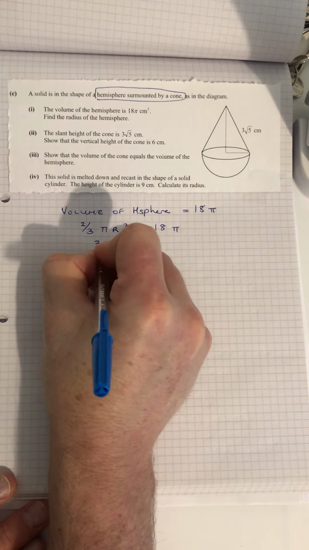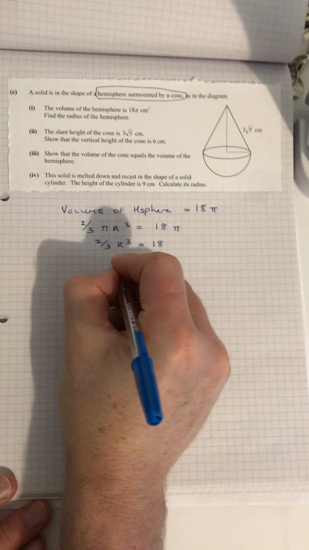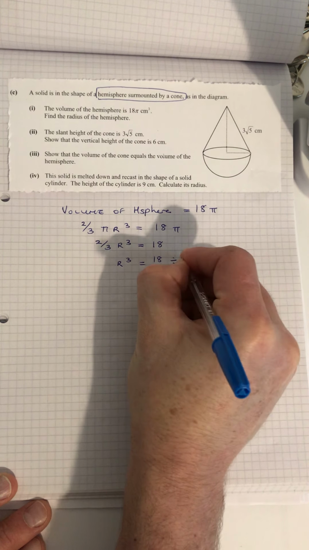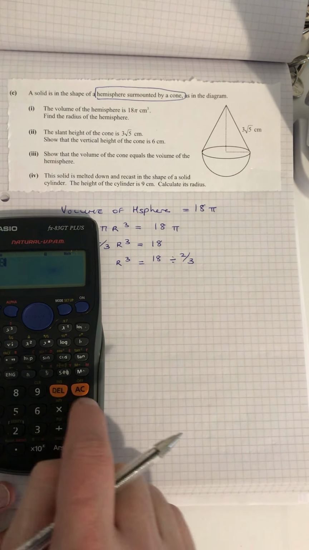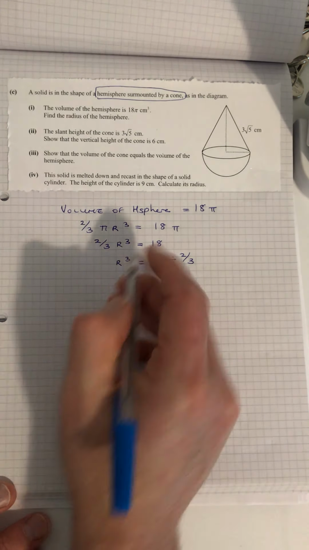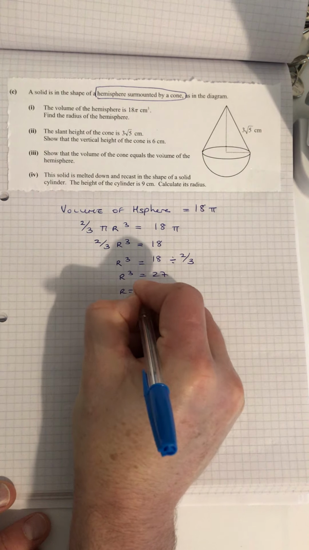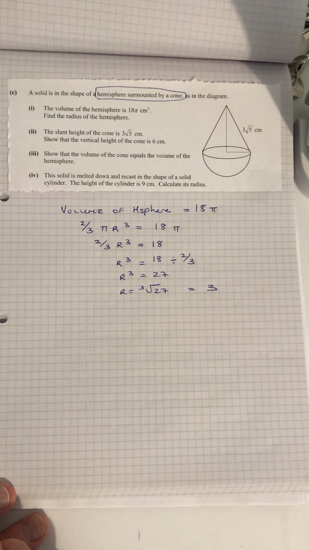So in this case, 2/3 r cubed is 18. So use your algebra, r cubed is 18 divided by 2/3. So 18 divided by 2/3 is equal to 27. So r is the cubed root of 27, which is 3.